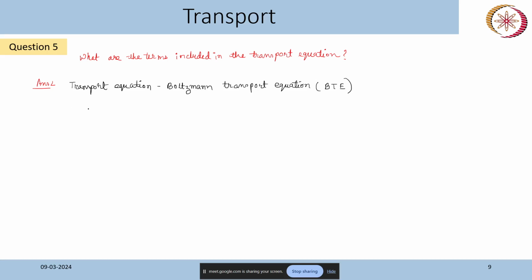And for carrier distribution we use certain distribution functions. For electrons we use the Fermi-Dirac distribution function or the Maxwell-Boltzmann distribution function depending on the situation, but we use a certain carrier distribution function. Okay, and BTE deals with how this distribution changes over time.